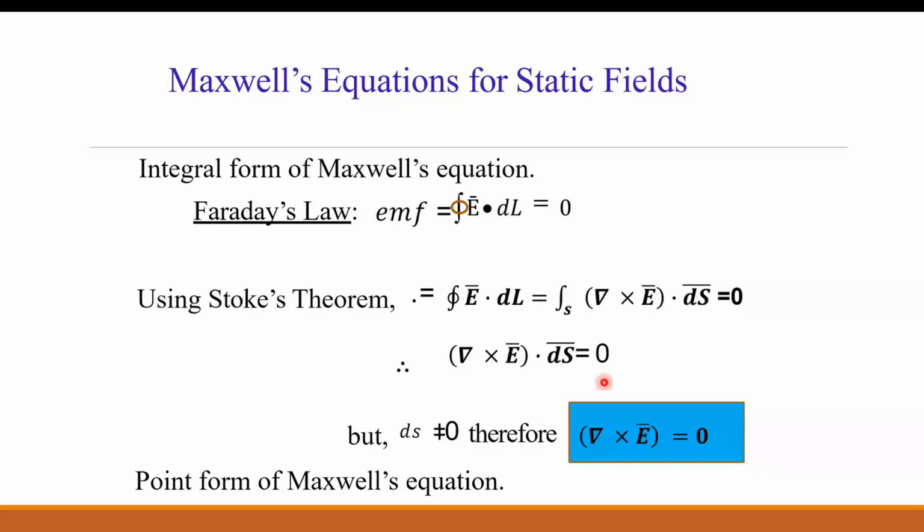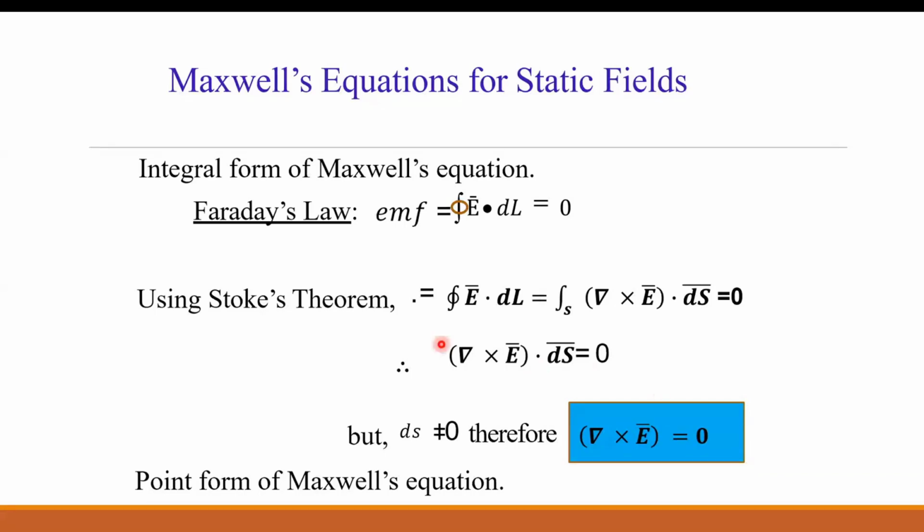Okay, so if you remove this ds, because there is no variation, so we can say that directly ds means what? Surface area, and surface area is never 0, so we can say that del cross E is 0, right? So del cross E must be 0, then only this right hand side holds correct, right?